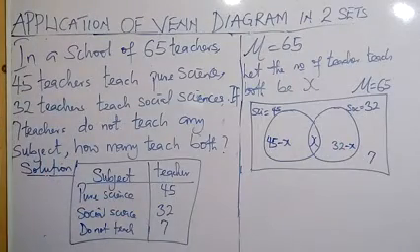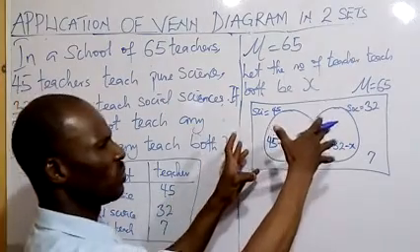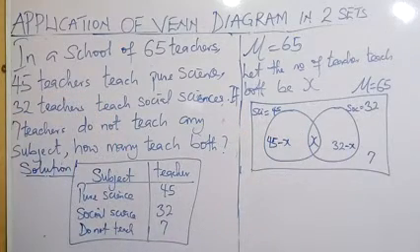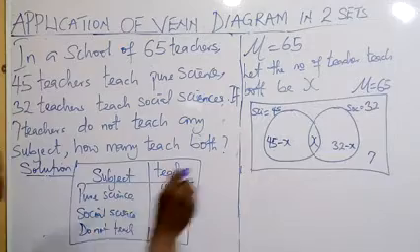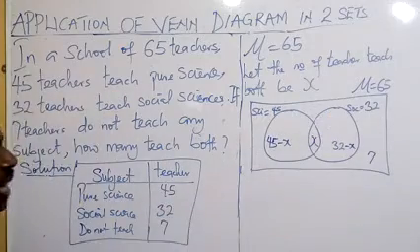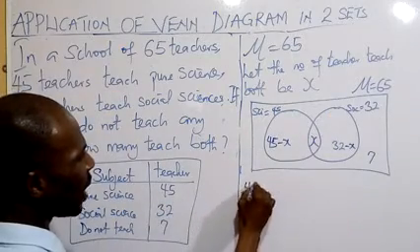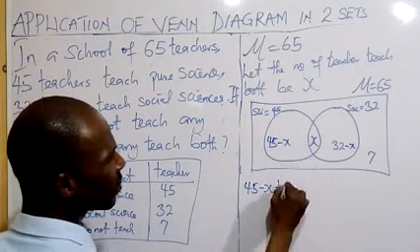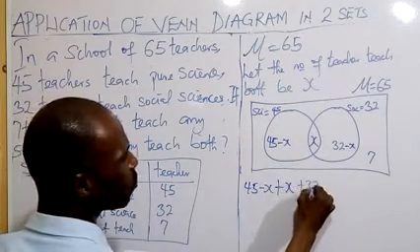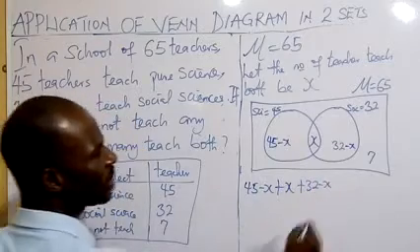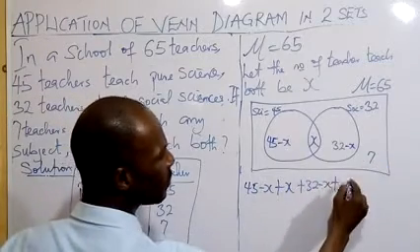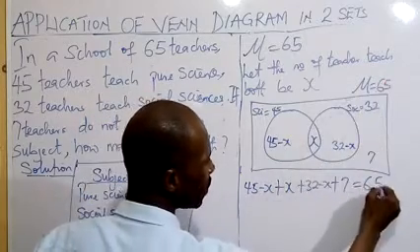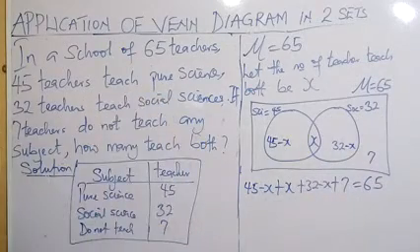Now, we want to get the number of teachers that teach both subjects. Therefore, we'll form an equation and equate it to the universal set. Therefore, it will be 45 minus X plus this X plus 32 minus X plus 7 all equals 65.